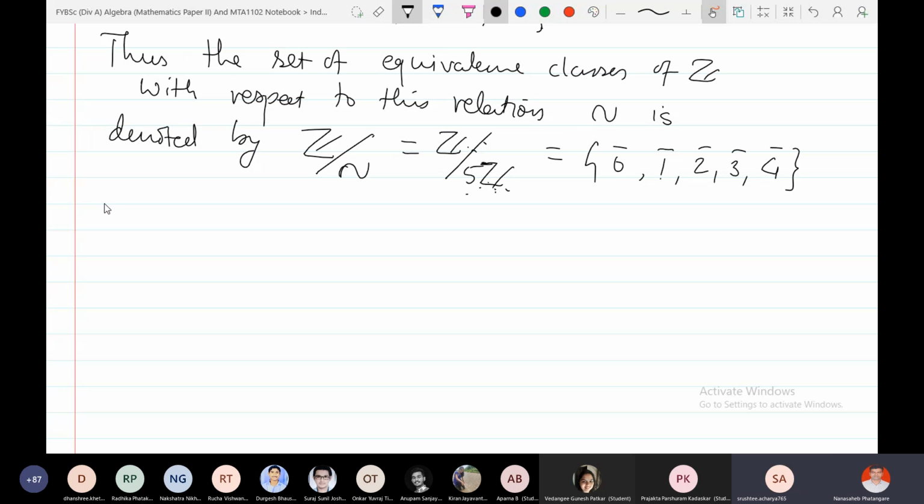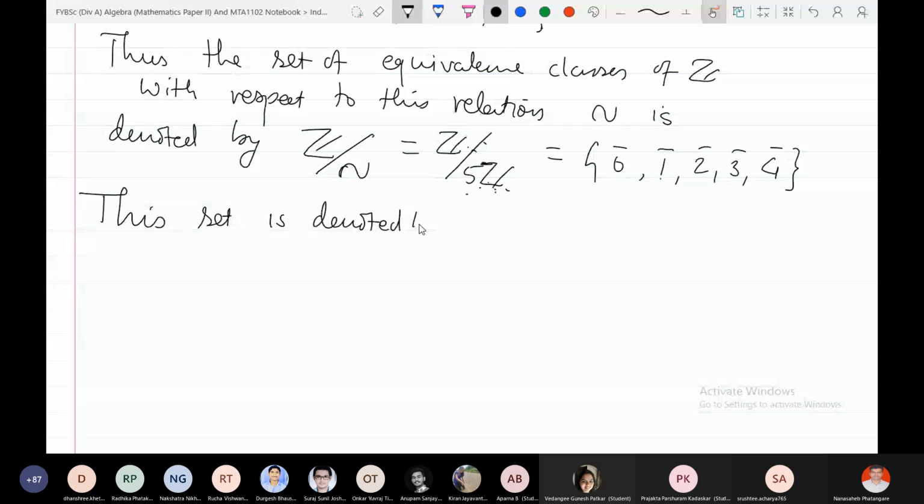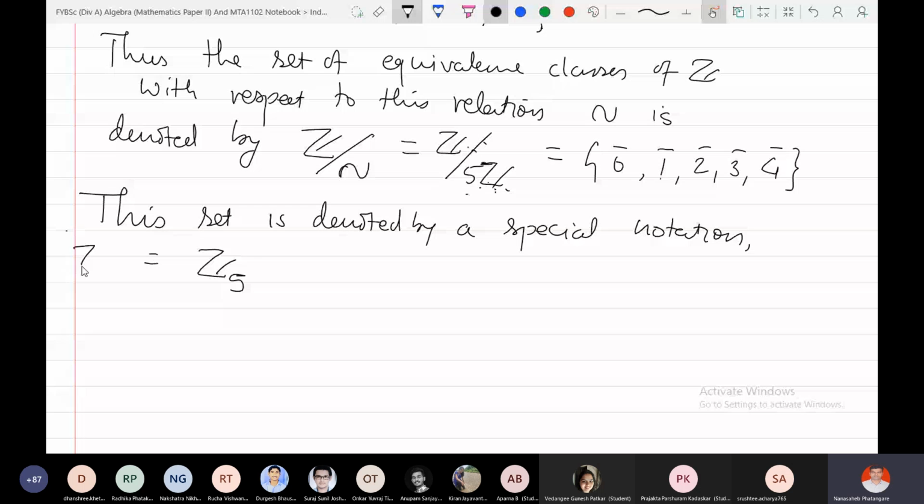So this set is denoted by a special notation, Z5. What is Z5? Z modulo 5.